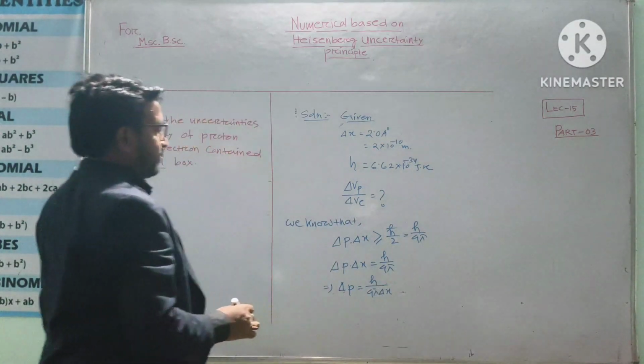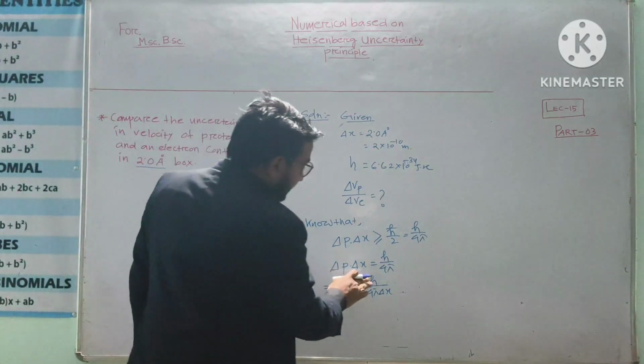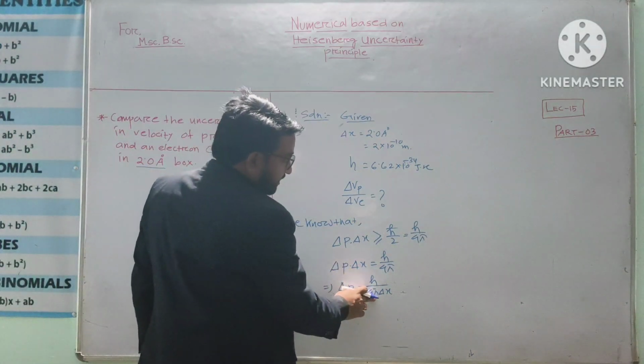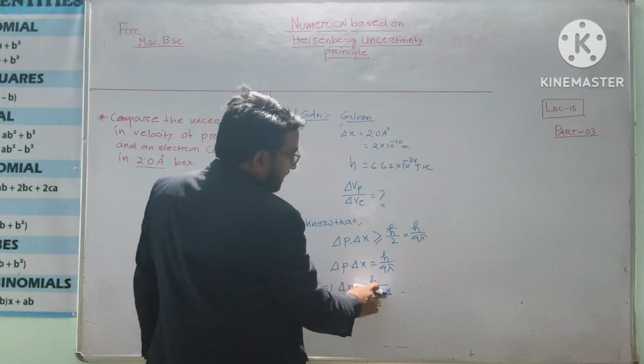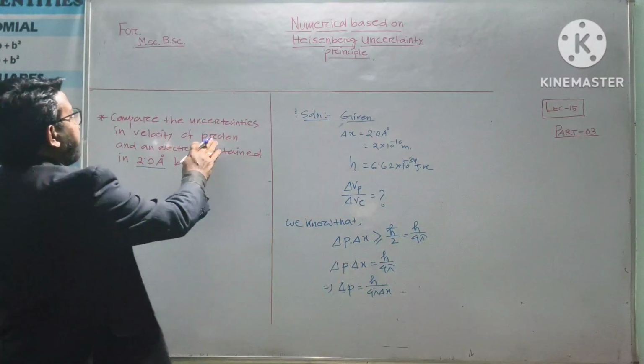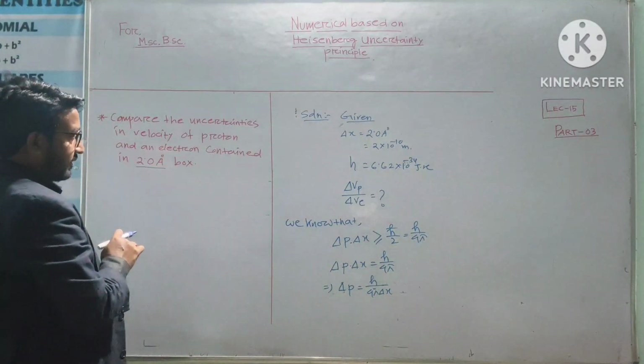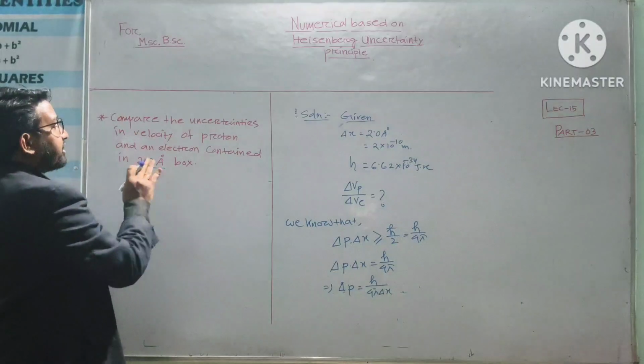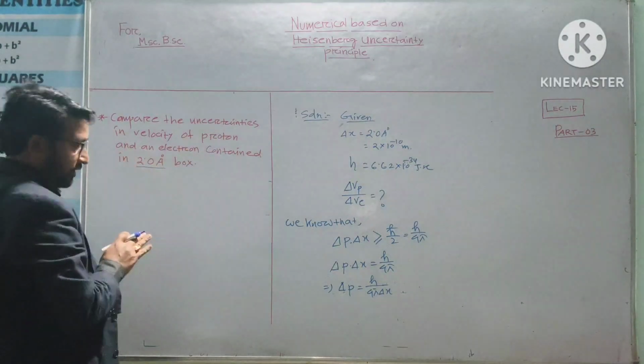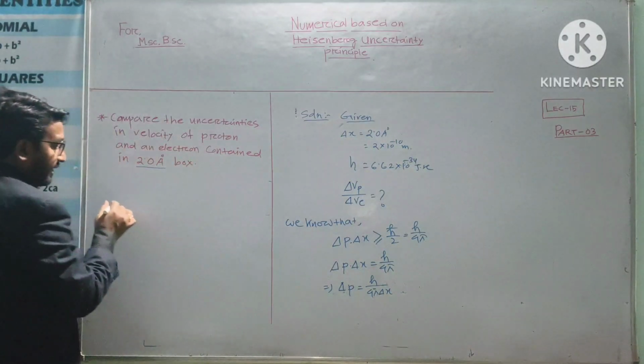Okay. So in this term, we can say that h is Planck constant, 4π is constant, and Δx is constant for both the photon and the electron. Okay, that means the uncertainty in position for photon and electron are the same.